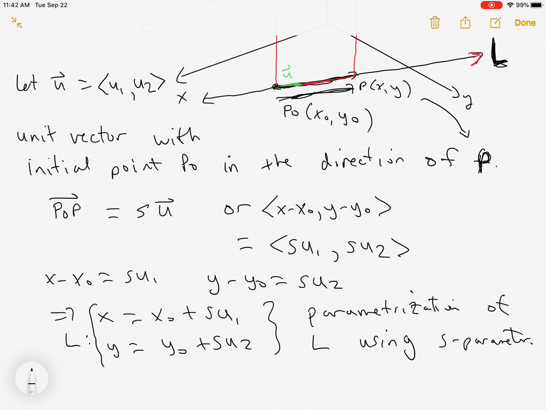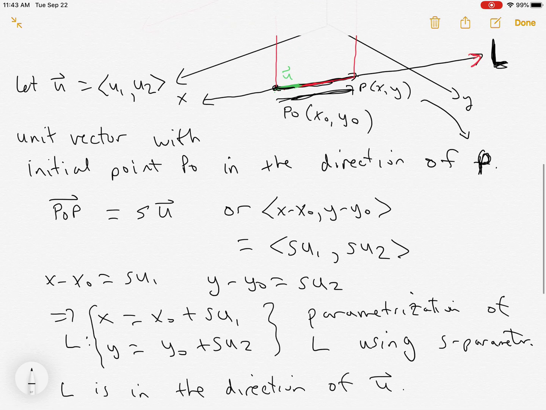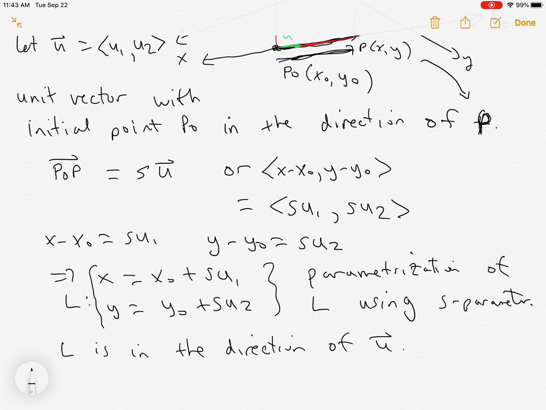And L is in the direction of U. Well, U is actually on L, so it must be in the same direction.